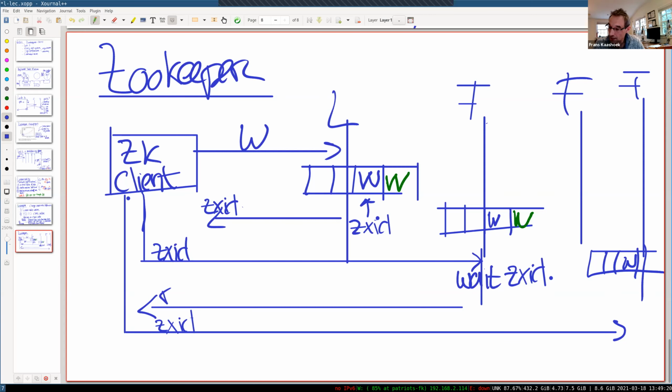It will arrive there, and that follower is allowed to respond immediately because it has seen the last ZXID of that particular client. Of course, it misses some writes from other clients that are already being processed by some majority of the servers, but it is not required to return that data, and so it can just return it. And so this might actually return stale values, but that is allowed by the definition of the ZooKeeper correctness guarantees.